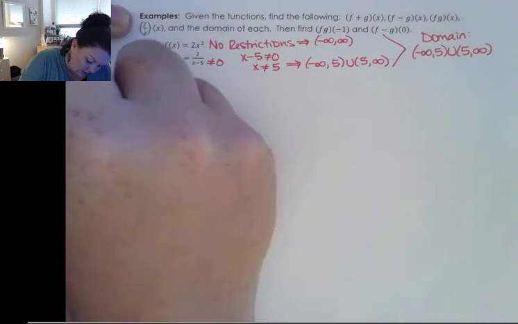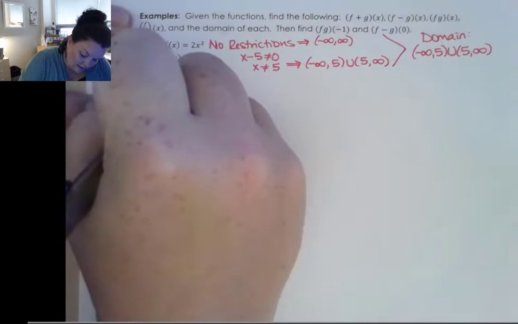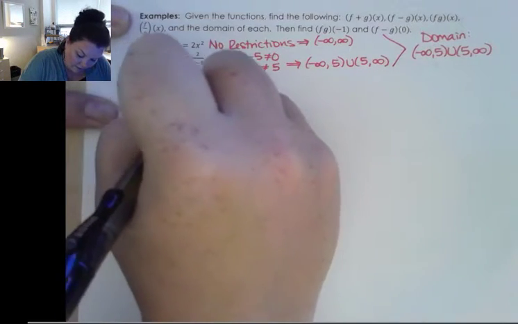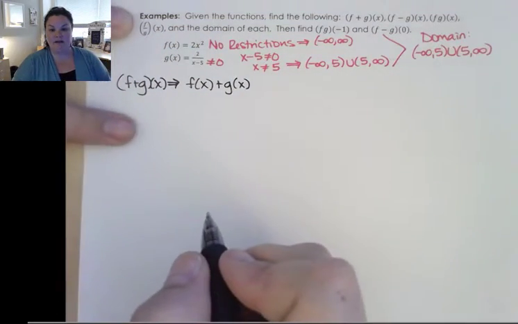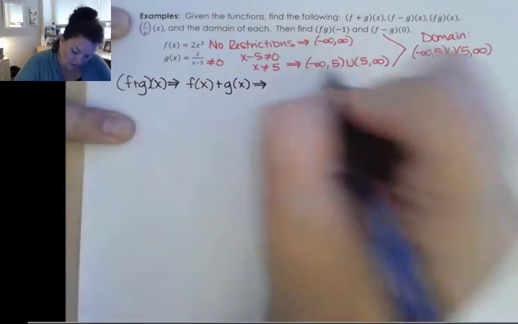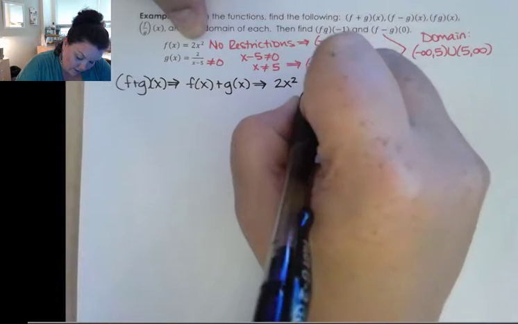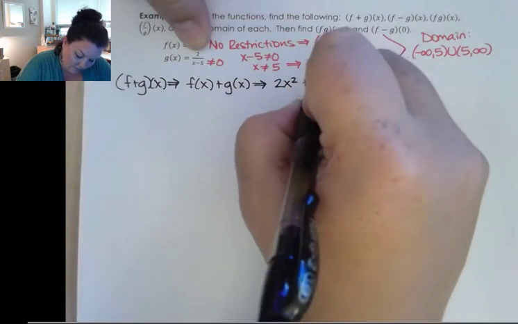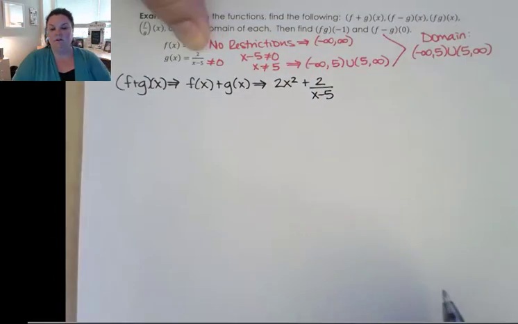So f plus g evaluated at x means that we are doing our f function plus our g function. F of x plus g of x. So we're going to go ahead and plug in what those are. Our f function is 2x squared plus our g function, which is 2 over x minus 5. Okay.